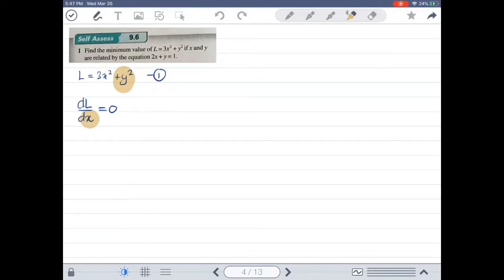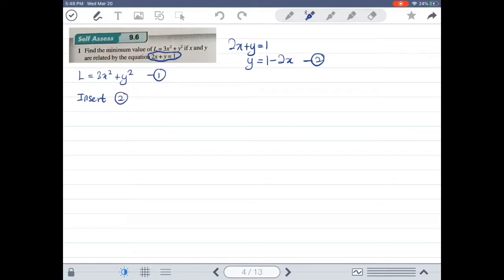So what we need to do is substitute y with terms in x. What are the information that we have? We have 2x plus y equals 1, which indicates that y equals 1 minus 2x. Let's let this be equation number 2, so that we can insert 2 into 1.